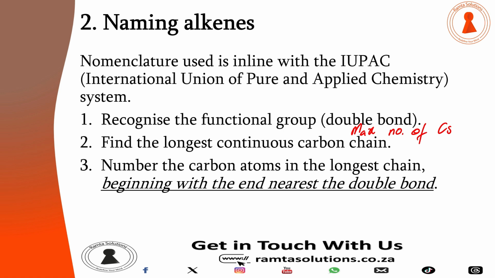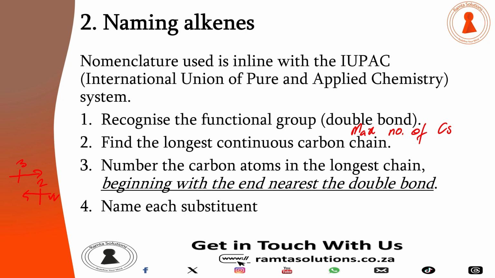If your double bond is on carbon 3 when counting from the left, and when you count from the right it is on carbon number 1, it means you must begin with the one where the double bond is carbon number 1. Or if, moving from left to right, the double bond is on 3, and when you move from right to left, the double bond is on 2, it means you're going to take the one moving from right to left. Okay? Because you're going to take the lowest number. Right. Remember, begin with the end nearest the double bond.